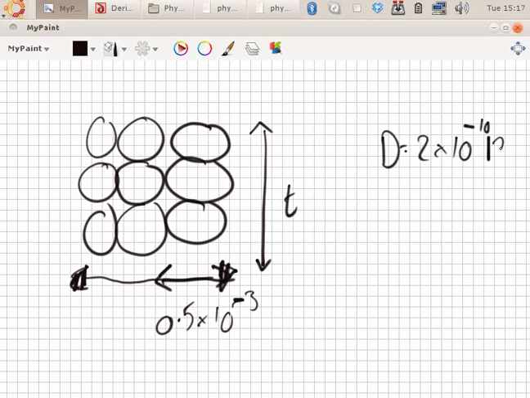So we can just take this number here and divide it by this, and we know how many rows there are. So can you divide those, please? Tell me what you get. 2.5 times 10 to 6. Good, okay.